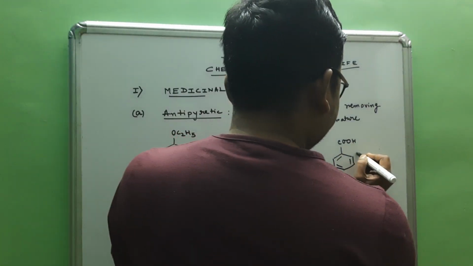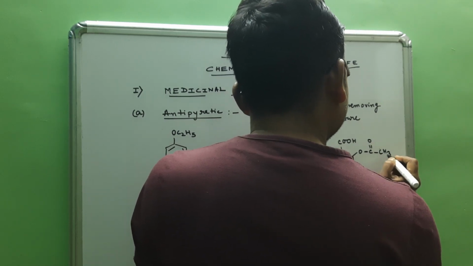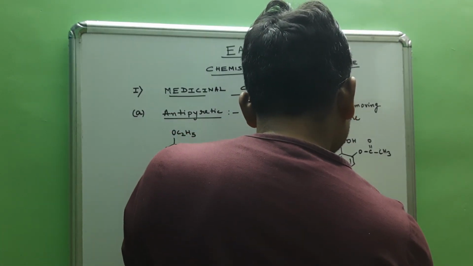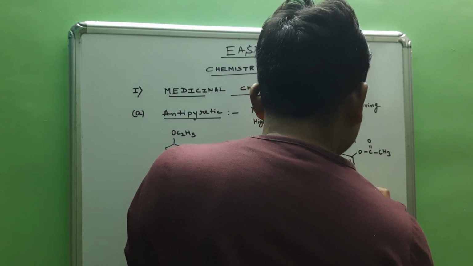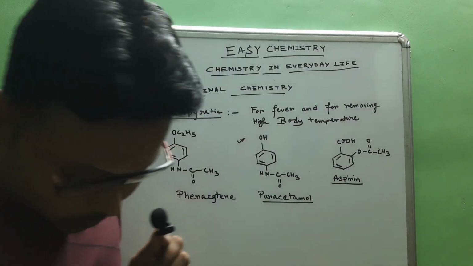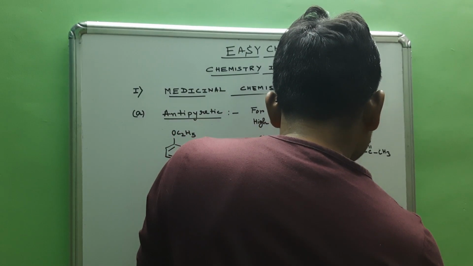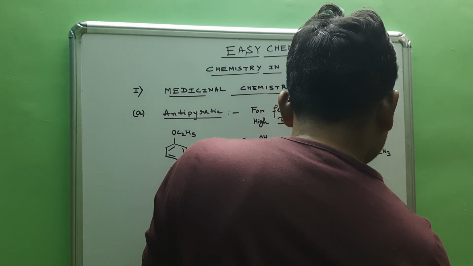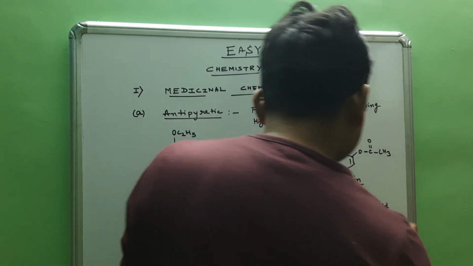COOH, O, COCH3. This is called aspirin. Aspirin is a derivative of salicylic acid. This is 2-acetoxybenzoic acid.